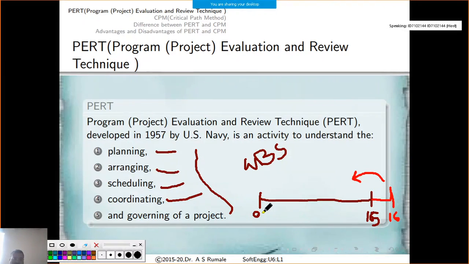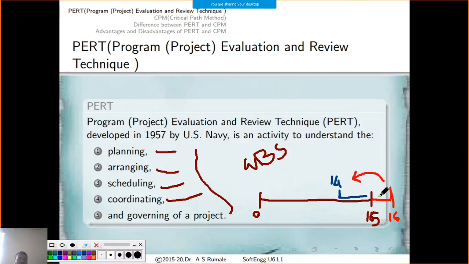Let's say the customer says that for 0 to 15 weeks you are going to get 1 lakh rupees. But if you pass that boundary, you have to pay back 10,000 rupees to the customer. Now the customer is also giving you an advantage: if you finish before the due date, let's say in the 14th week, that is within 15 weeks instead of 16 weeks, you finish within 0 to 14, then instead of giving you only 1 lakh rupees, the customer is going to give you 10,000 extra.